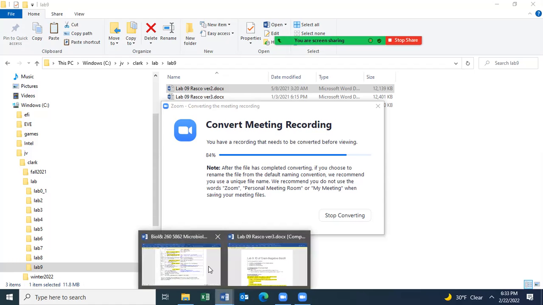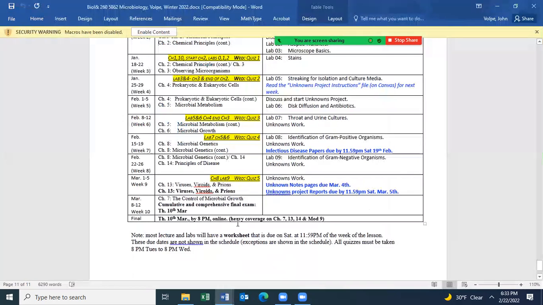All right. Can you see my screen? Yes. Okay, thank you. So today we're going to be working on lab 9, identification of gram-negative organisms. And you're also supposed to be working on your unknown work.